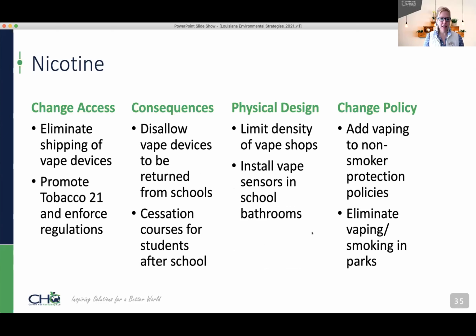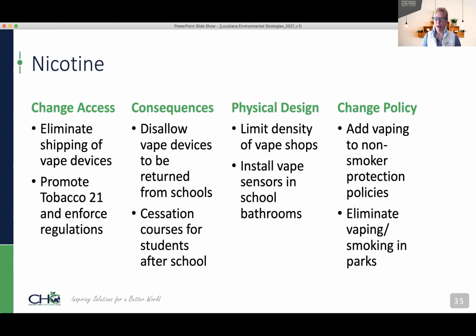For nicotine, again, some new and innovative approaches, eliminating shipping of vape devices, promoting the Tobacco 21 laws and regulating or enforcing those, disallowing vape devices to be returned from schools. A lot of times schools have policies that personal property can be returned to a parent if they come to pick it up.